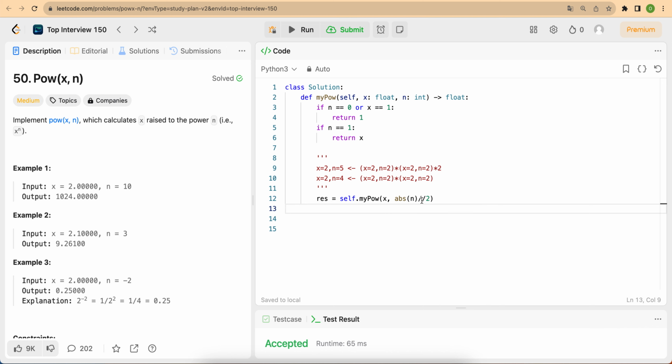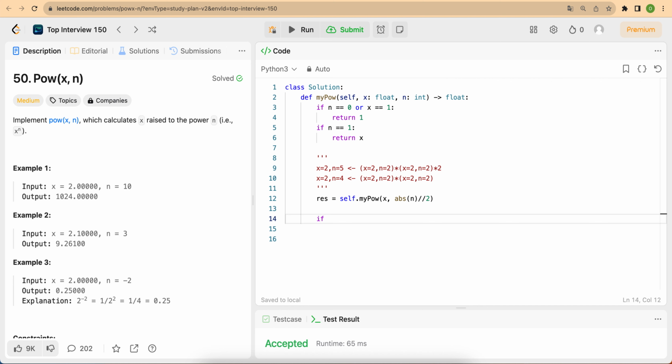And this is our intermediate result. So don't worry that even though we convert n to a positive number, if it's a negative number, we will just do more calculations to get our accurate result.